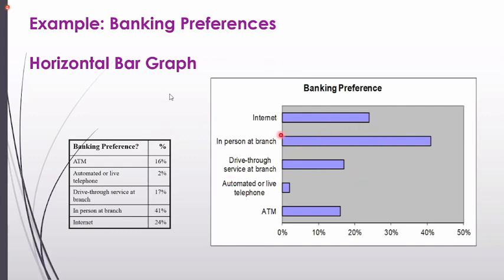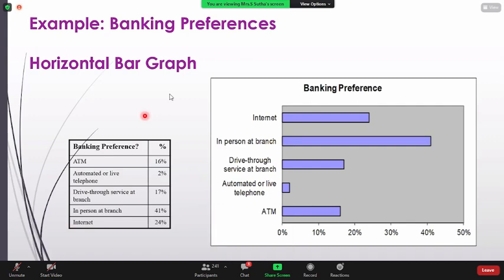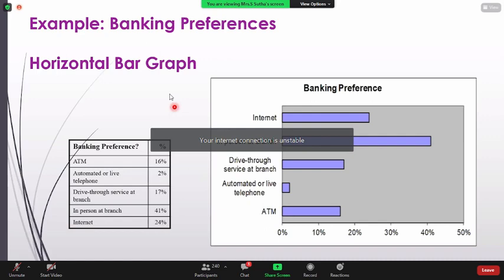Based on these statistics, what is your decision regarding the preference of banking methods? Yes, most of the customers prefer to do banking in person at branch, and the less preferred method is automated or live telephone.